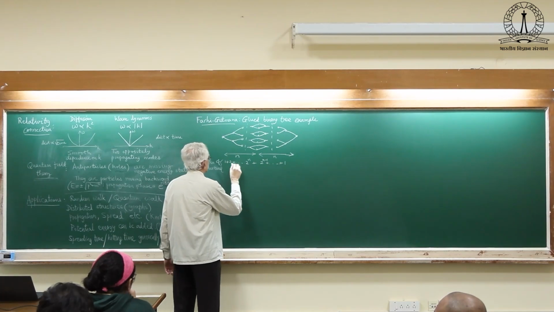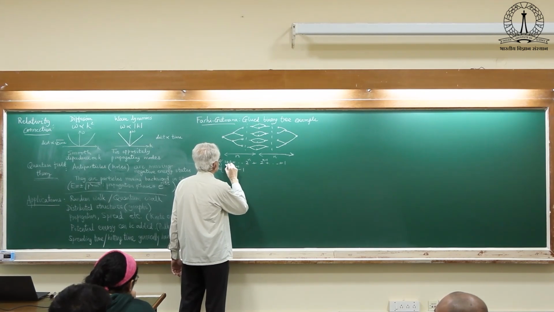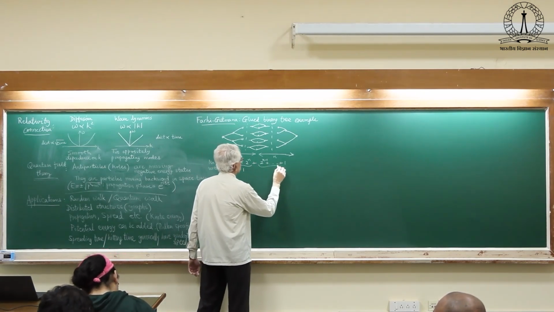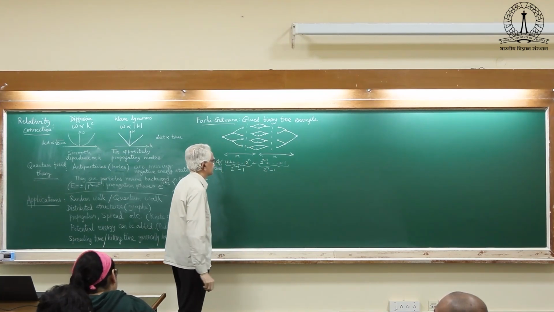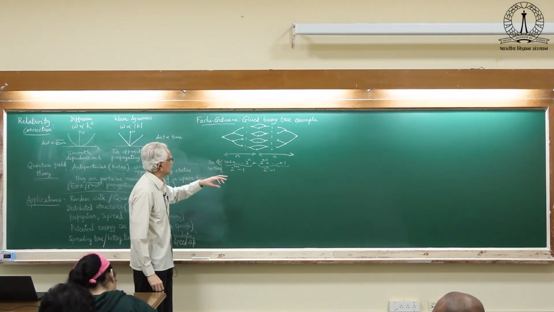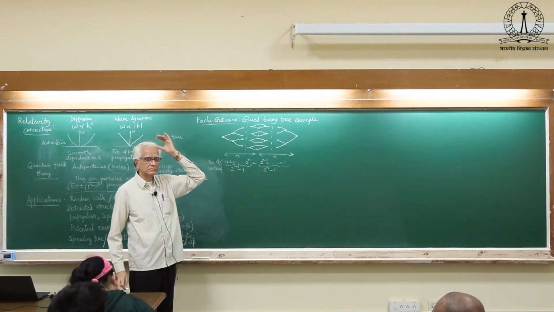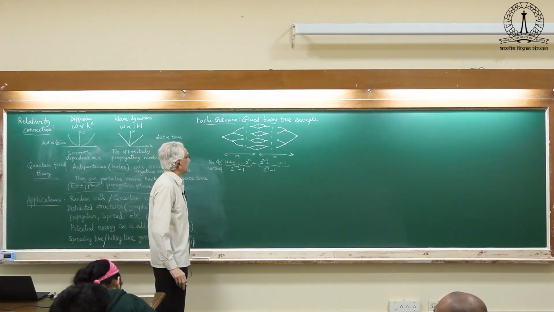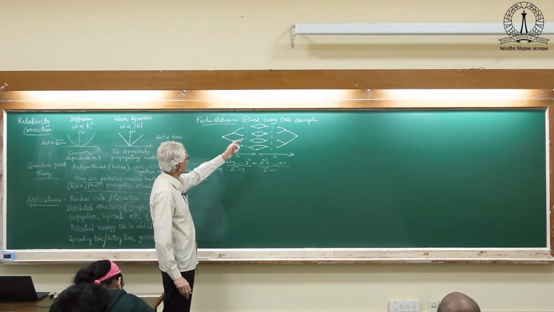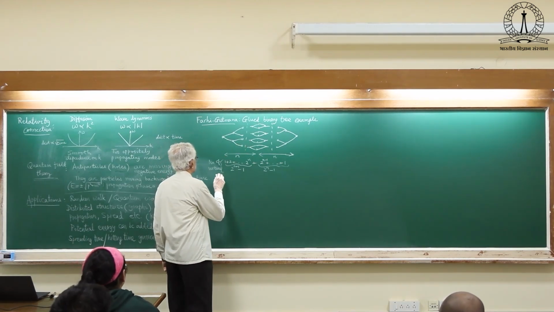It's a simple geometric series you can add up, so it's 2 raised to n plus 1 minus 1, and this is 2 raised to n minus 1. So the number of vertices on the graph is exponential in n. And the distance you have to travel in a directed fashion is 2 times n.